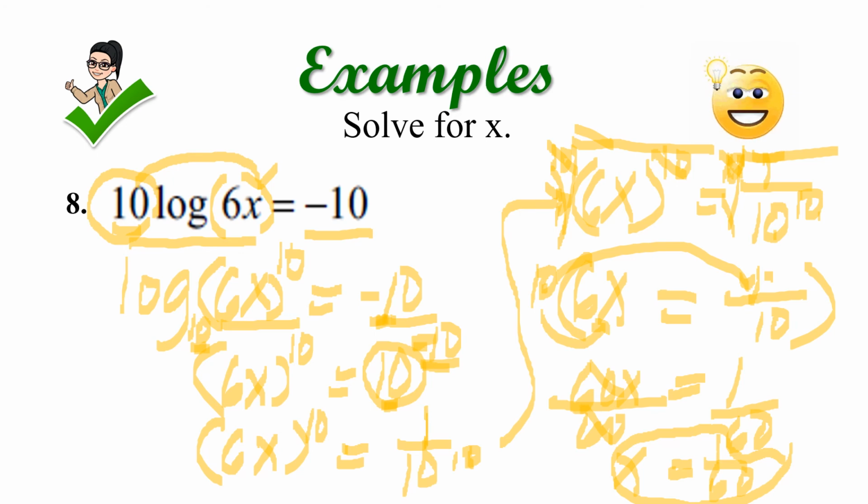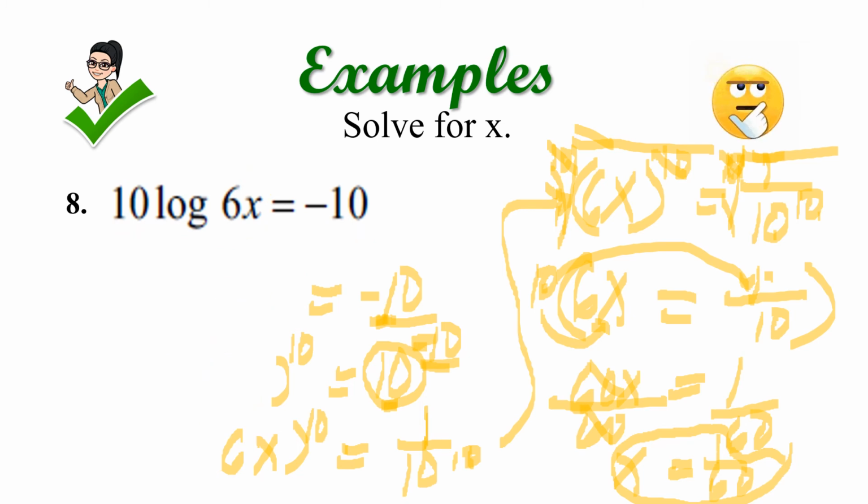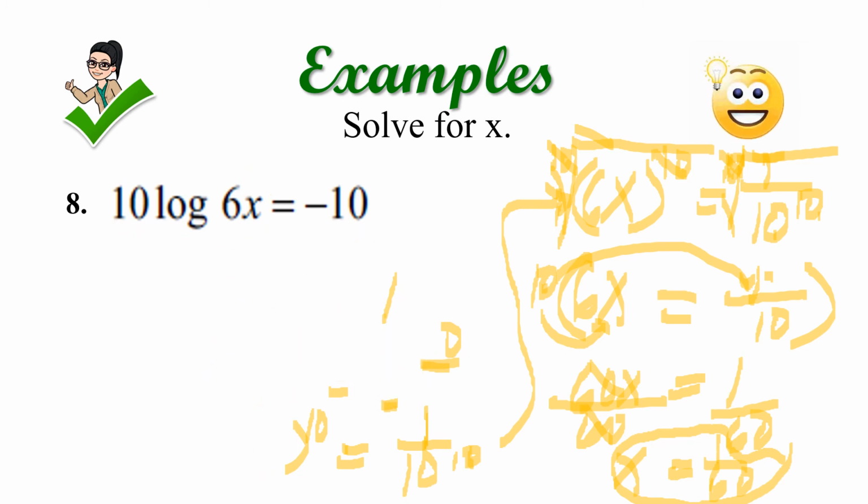So let's check if our answer is correct, whether 1 over 60 is the correct value of x to this equation. Let me erase my solutions here so that we can see clearly the given. Then we can replace x with 1 over 60.